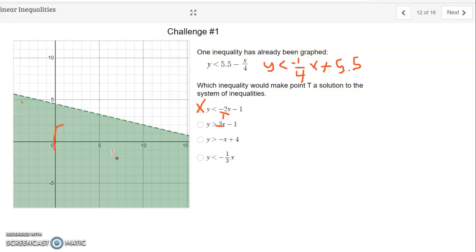Remember, it's the number in front of x. And then I'm going to also draw a dashed line in between my points. Okay, and then y is greater than, so I would shade above, so everything above the line. But that means that everything below the line wouldn't be shaded, so again, T would not be a solution.